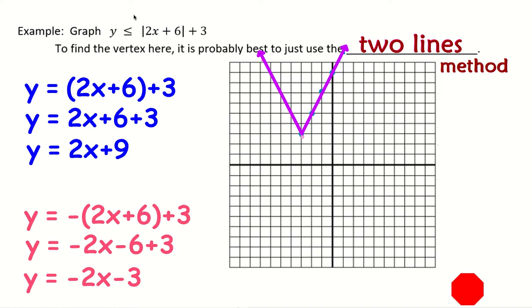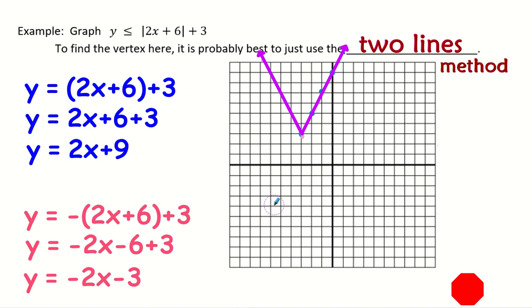And again, just a reminder, it was supposed to be a solid v. It could have been a dashed v, but because it's less than or equal to, it ended up being a solid v. And remember, what else do we need with an inequality? What else is going to be a mandatory, inevitable part of the graph?